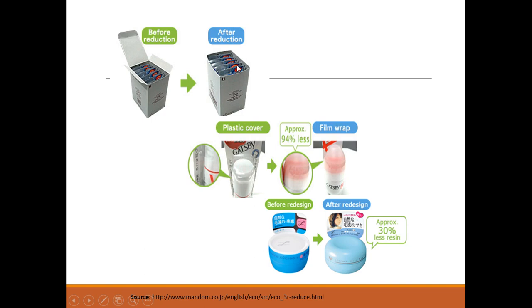The top lids are now absent from the packaging. Here we have another example. Here we have the plastic covering package. The new product here is packaged differently, where that outer packaging is no longer available. They've reduced the packaging therefore by 94%.